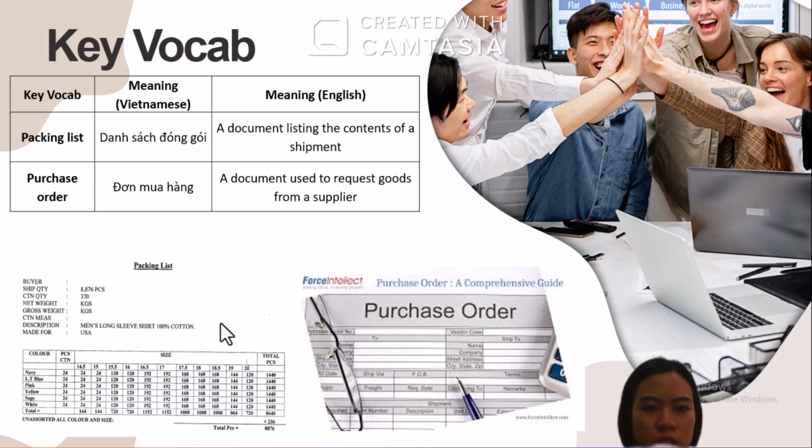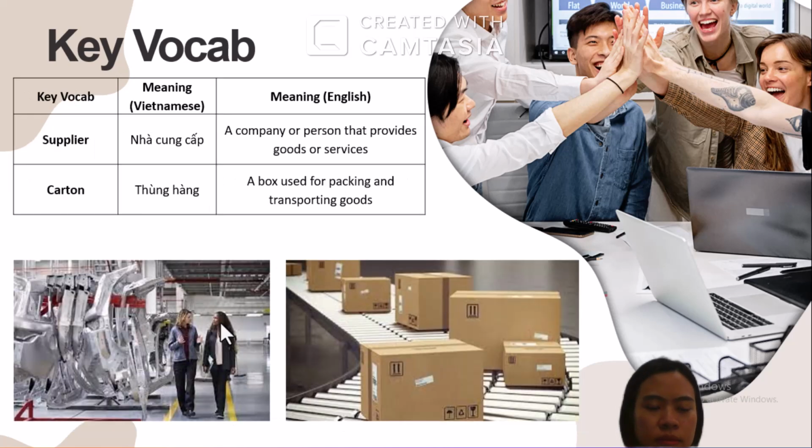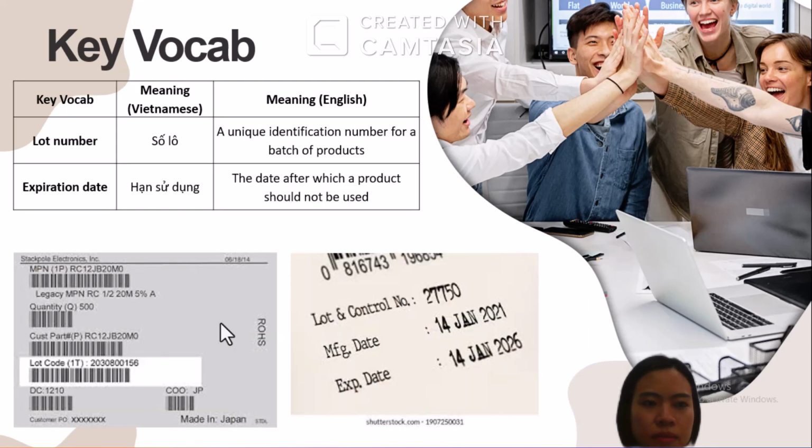Purchase order. Supplier. Carton. Lot number. Expiration date.